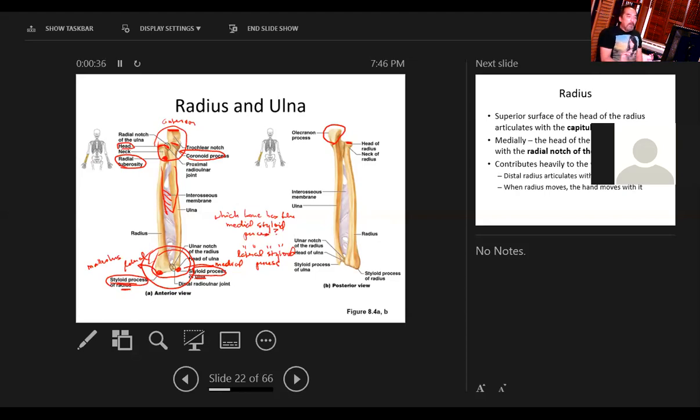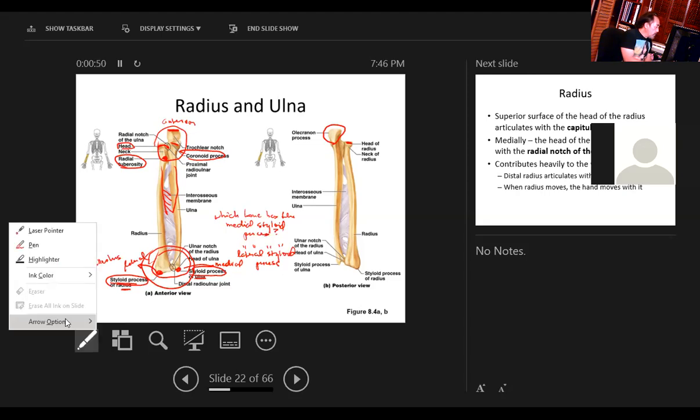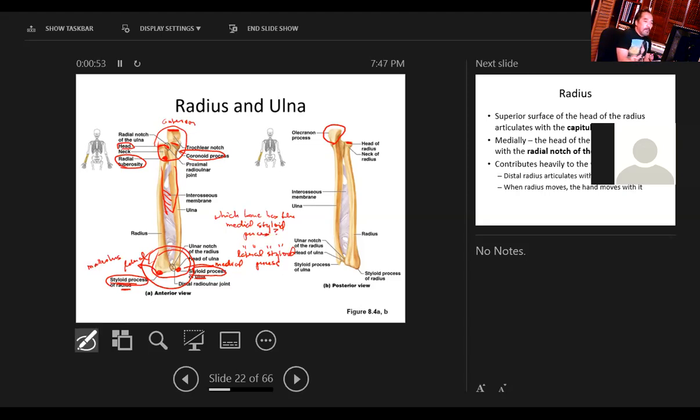That's what anatomy is. So the answer to the medial side styloid process, the pinky side, is the ulna. So what is the bone on the lateral styloid process? The answer is the radius.